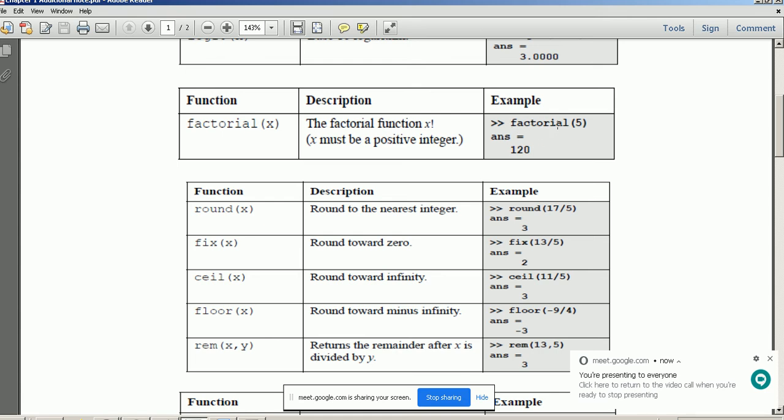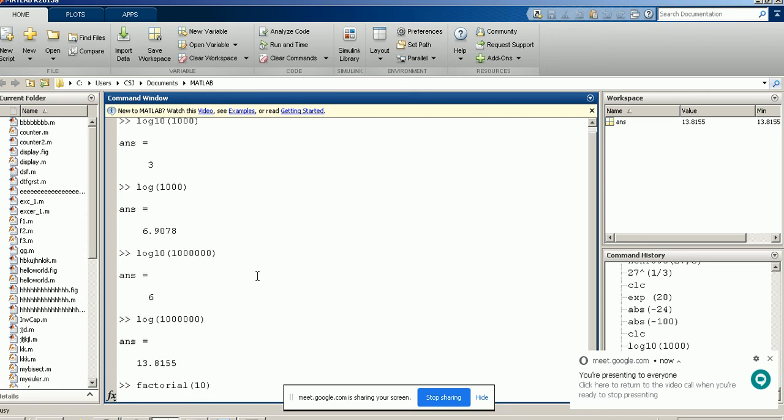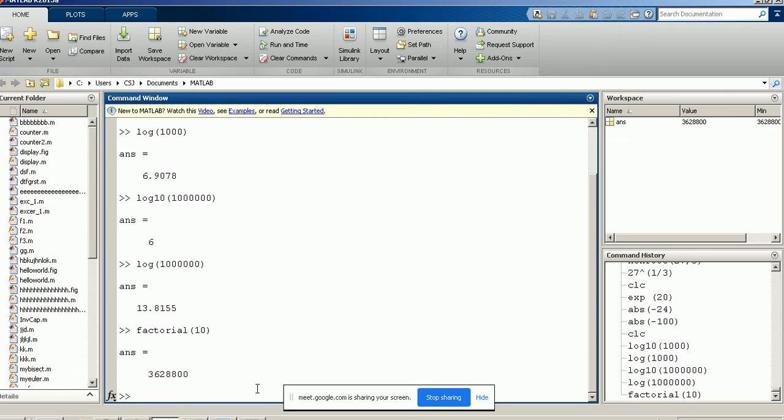Remember the spelling. If I would like to write factorial of 10, we're going to get the same previous result, which is 3,628,800. If I want to find factorial of 0, Ahmed, what is the result? It is 1.